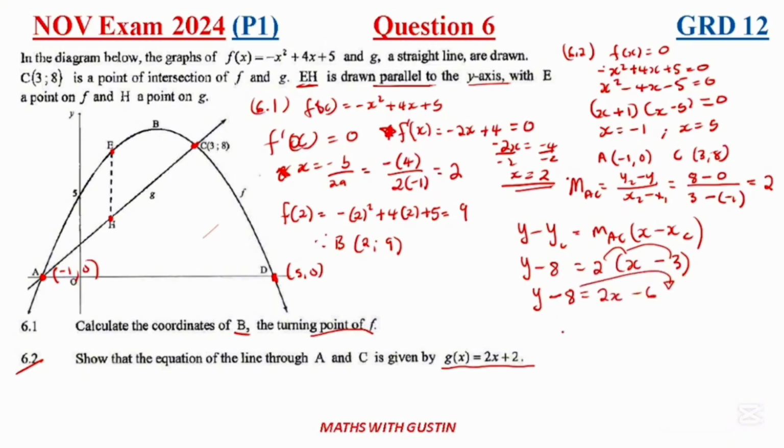On the next step, y is equal to 2x minus 6 plus 8. y is equal to 2x plus 2. So you can see that they are exactly the same. Therefore, you can just conclude in that way: we did show that g of x is equal to 2x plus 2. Okay, great stuff, guys. Now, moving right along, let's move to 6.3.